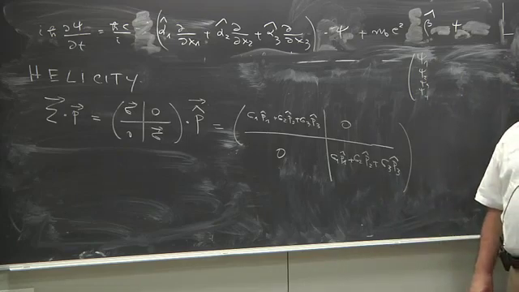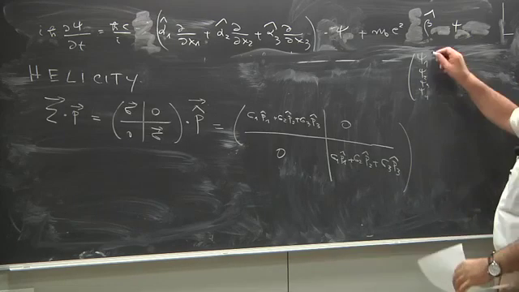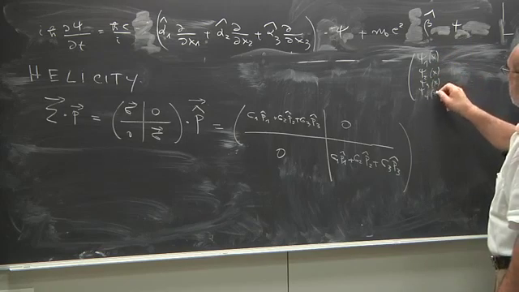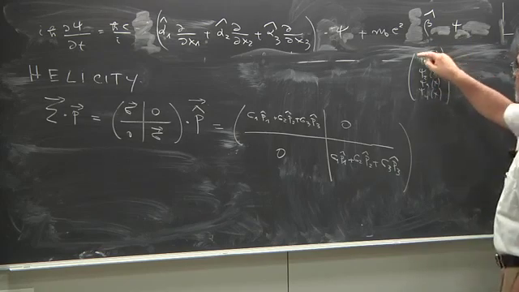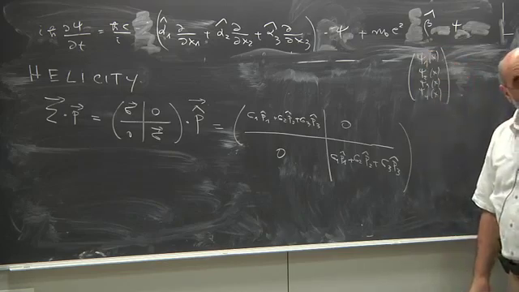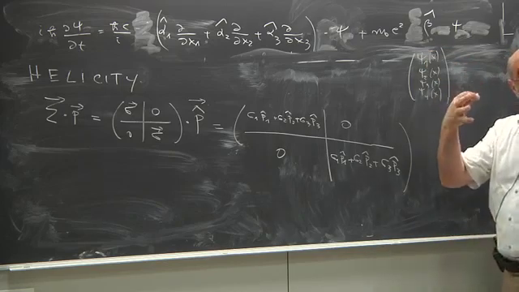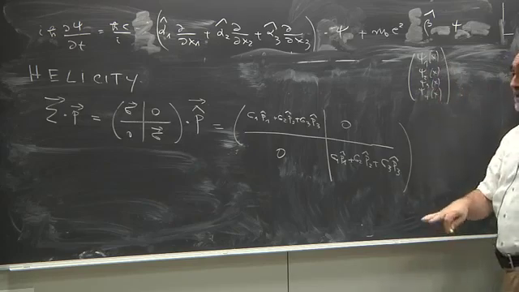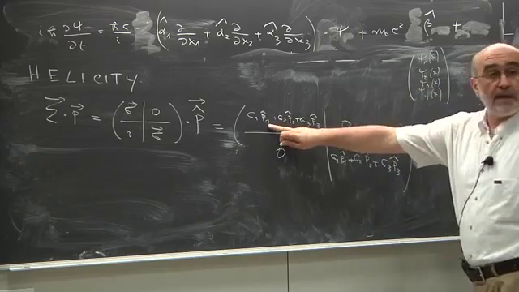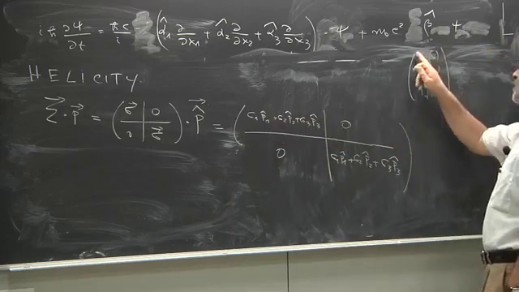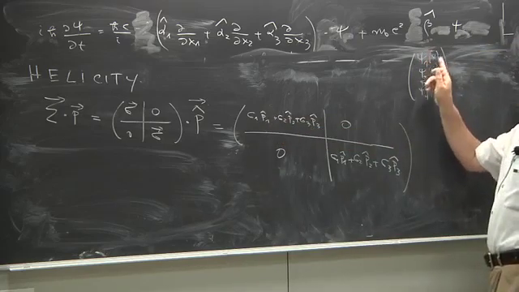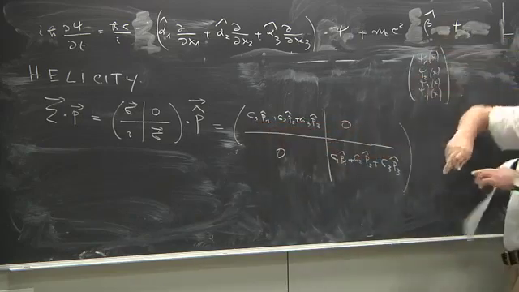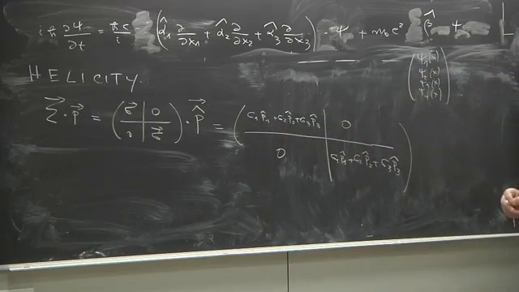So there are two different kinds of vector space. There is the Hilbert space. Each component is an element of a Hilbert space, but there are 4 of them. So here I'm doing the tensor product of 4 Hilbert spaces. P acts on the Hilbert space component, that means on each as an element of a Hilbert space. And then sigma acts on this other component and mixes one with the other.